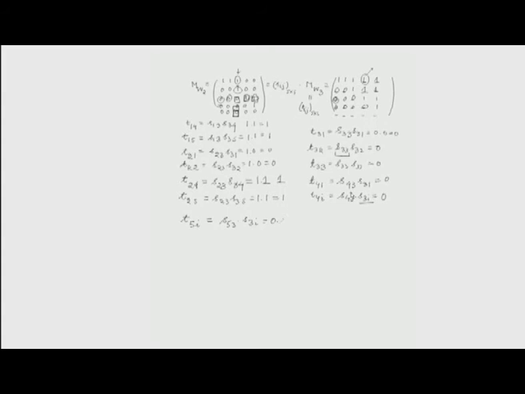Therefore, it is 0 into S 3 I which is equal to 0. So, we really do not have to compare each and every element in the last row, we can put all 0 over here.